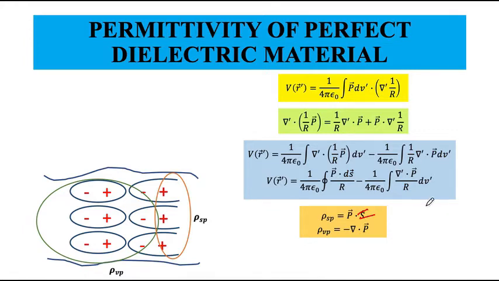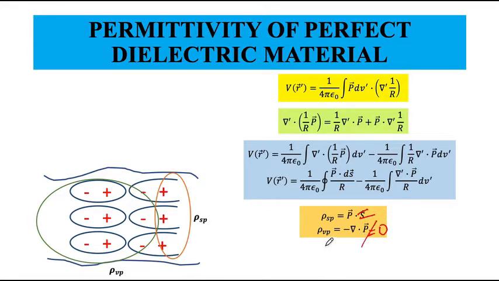Similarly, the volume charge distribution because of polarization is minus divergence of P. So if at all you have a non-uniform dielectric, then this quantity will not be equal to 0.